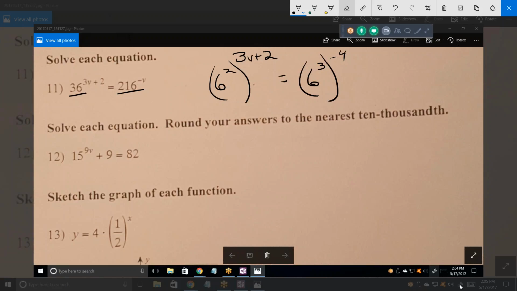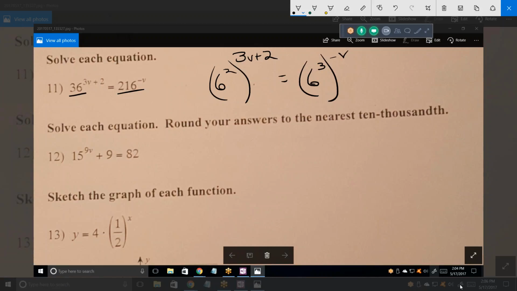Whoops, minus v, not -4. All right. Now what? Now, you just have to basically solve for the exponents instead.